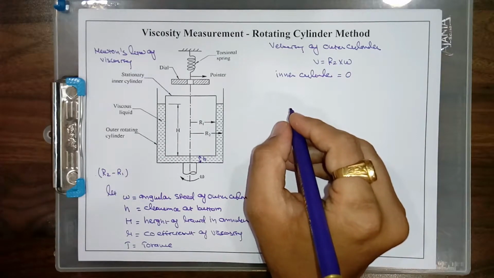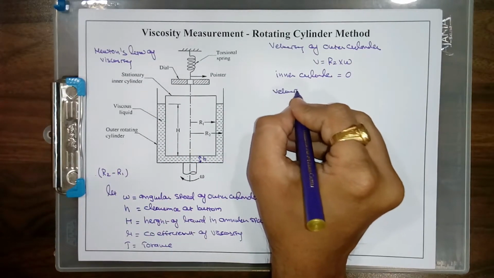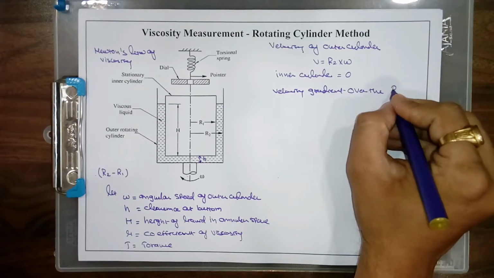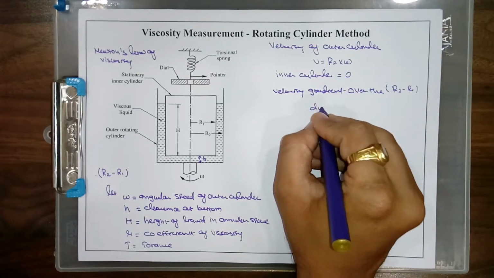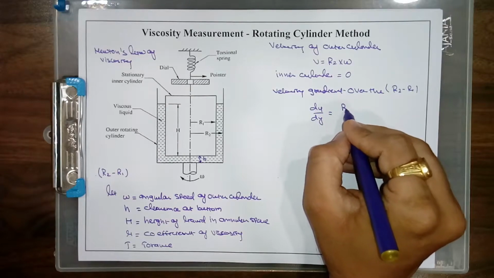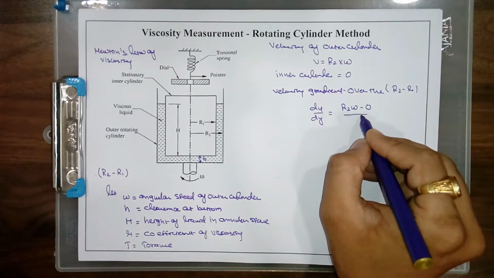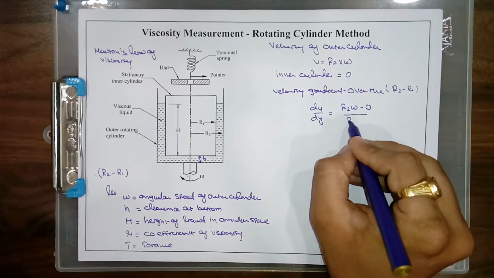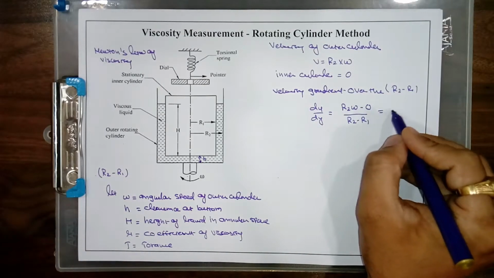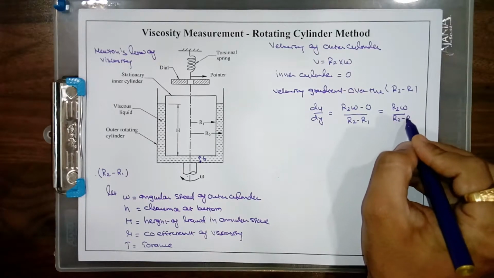So the velocity gradient over the clearance R2 minus R1 is: the outer cylinder having a speed of R2 into omega, the inner cylinder velocity is 0, and the distance between these two is R2 minus R1. So our final answer is R2 omega divided by R2 minus R1.